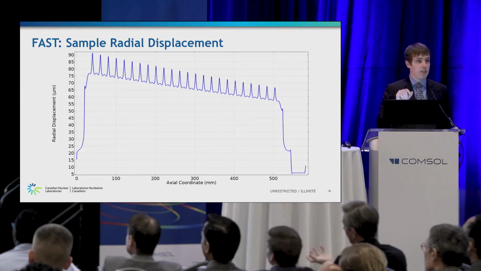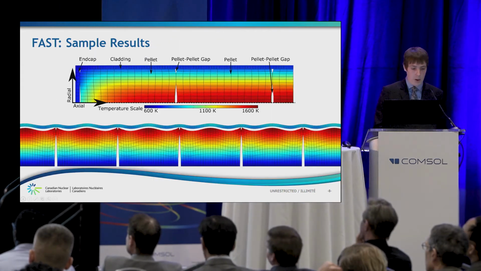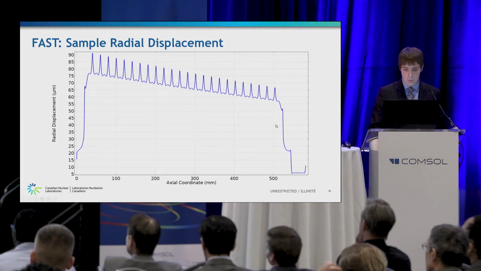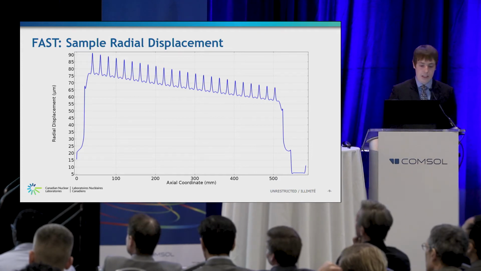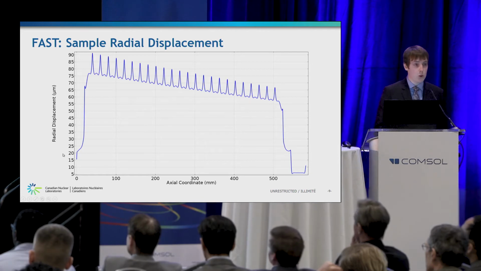So if I look at the radial displacement along that surface, so going back, if I plot the displacement along the outside of this line, I end up with something like this. We have the effect of the end cap. We have a low power pellet on the end.